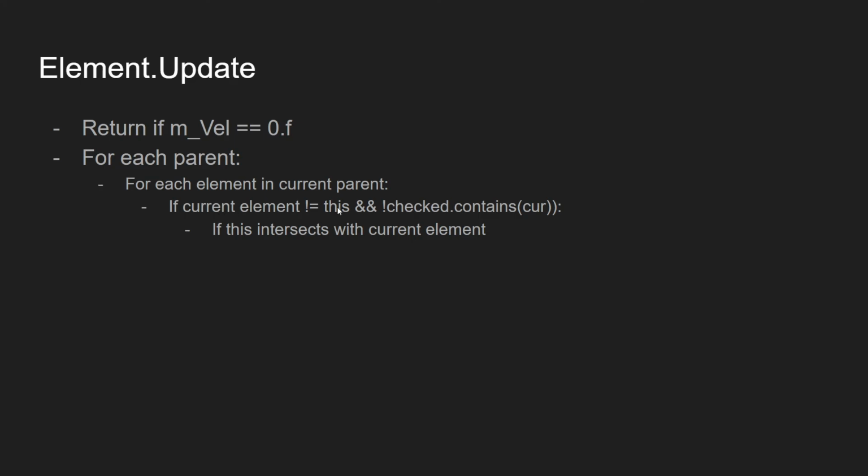So if we're not checking against ourselves and we haven't checked it yet, and if we intersect with this element, according to our virtual intersect method, then we will store a collision and some information about that collision. And once we've checked that, regardless of whether or not we actually intersect, we will say, okay, we've checked this, so we don't need to process it again.